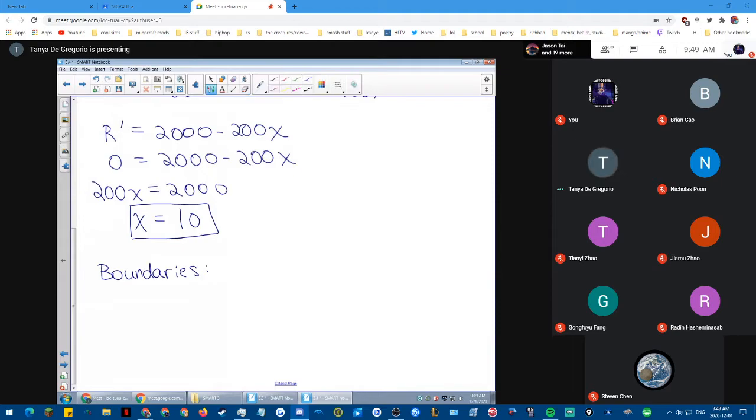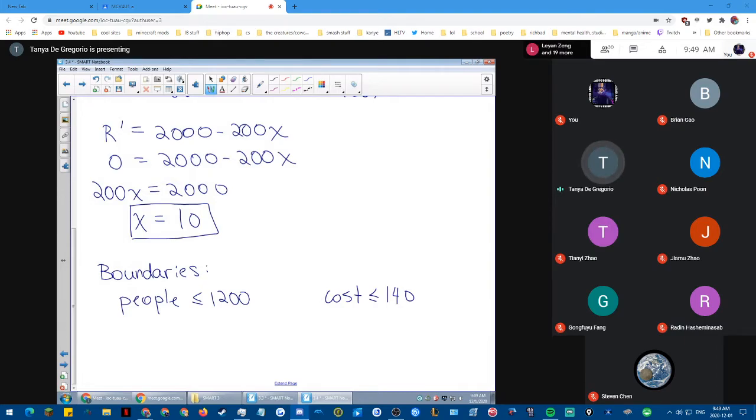Okay, so our boundaries are the number of people that can be in there. We know it has to be less than 1,200. Less than or equal to, right? 1,200 is in there. The cost has to be less than or equal to $140.